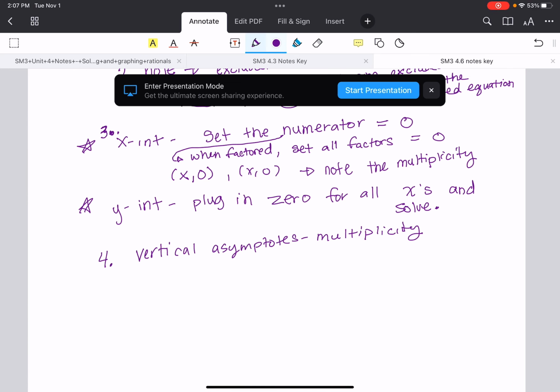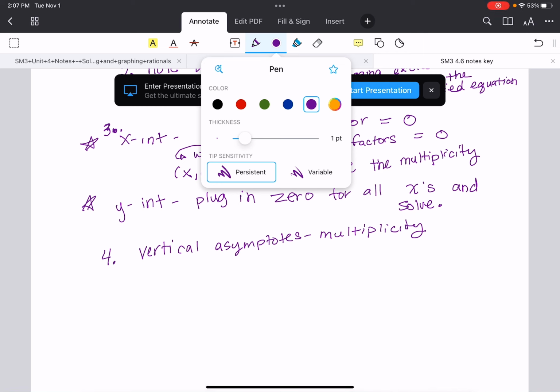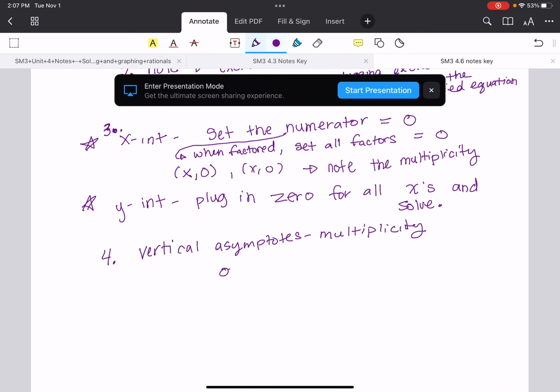So if it has an odd multiplicity, the lines go in opposite directions by the asymptote, sign change.